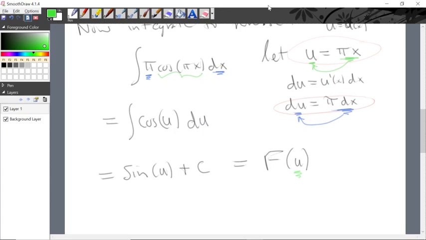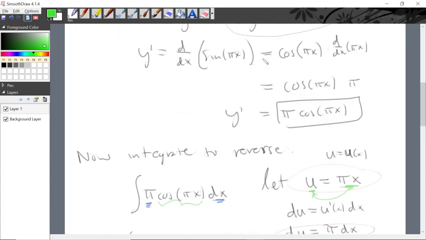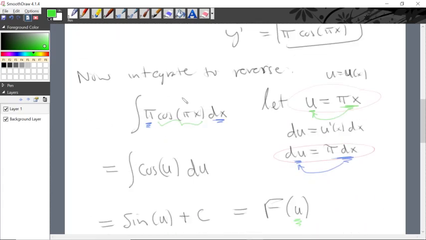Okay. But what we wanted to do is find the antiderivative to this. And the antiderivative to this is going to be a function of x, actually. Not an antiderivative with respect to u, but an antiderivative with respect to x. Because the original integrand was with respect to x. And for that reason, we need to transform our function here back into a function with respect to x.